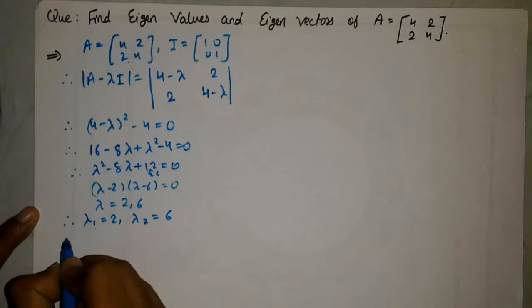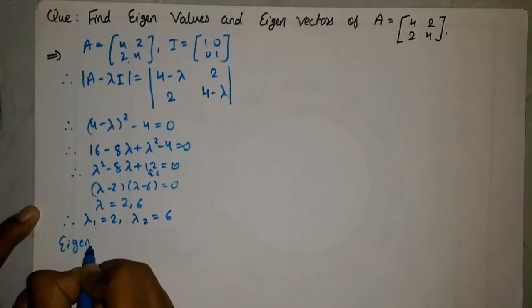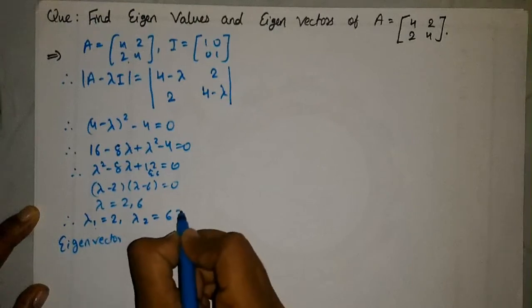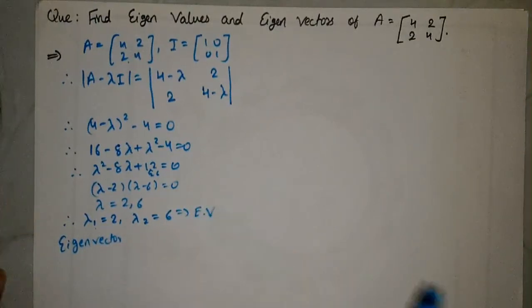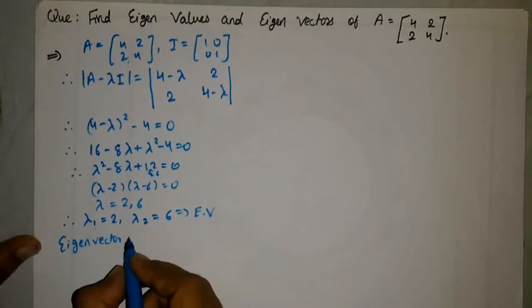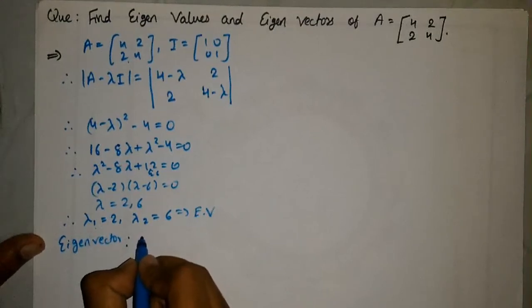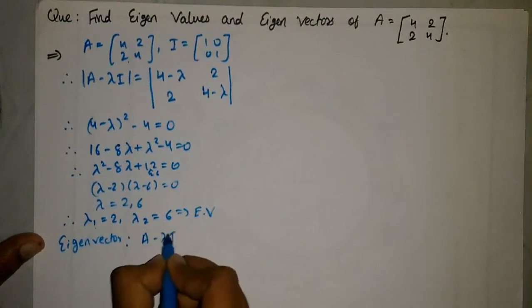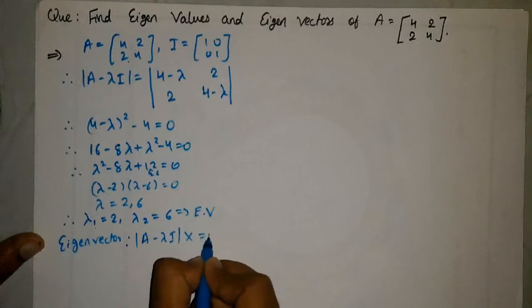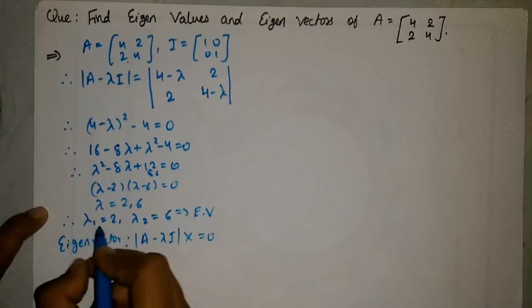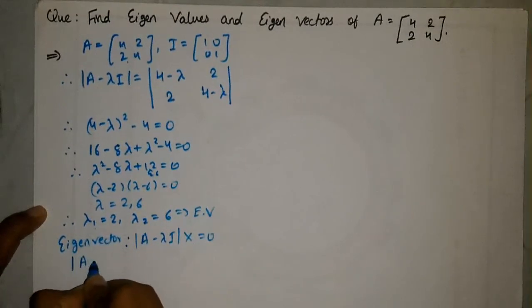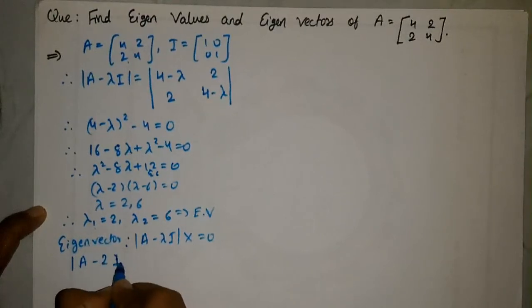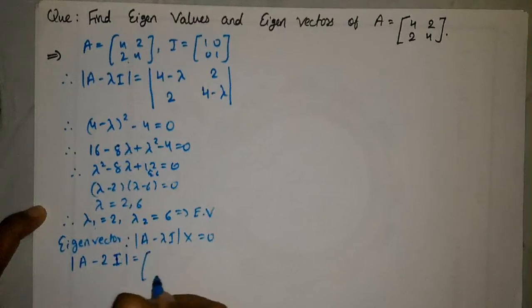So now for the eigenvector. These are the eigenvalues; EV I am writing as the short form for eigenvector. We know that (A minus lambda I) into x is equal to 0. Here lambda is 2, so it will be A minus 2I.